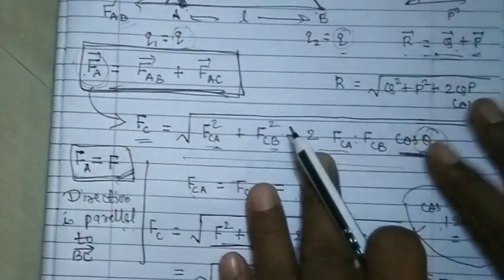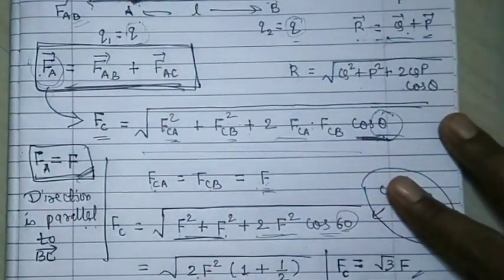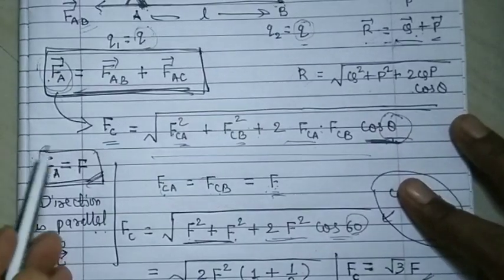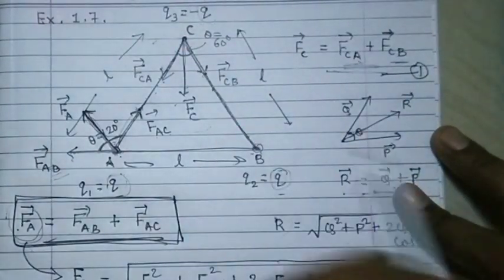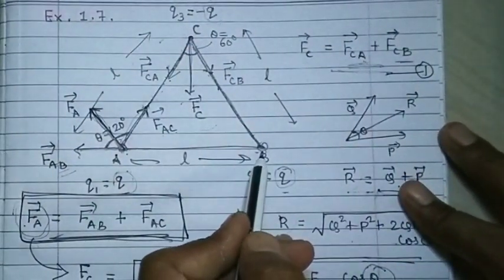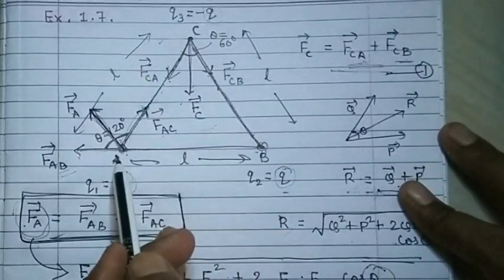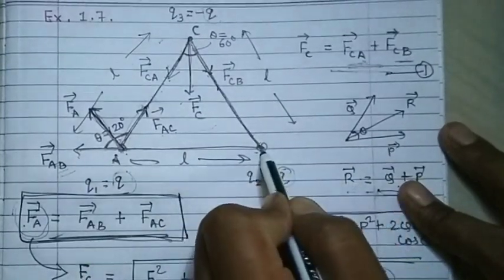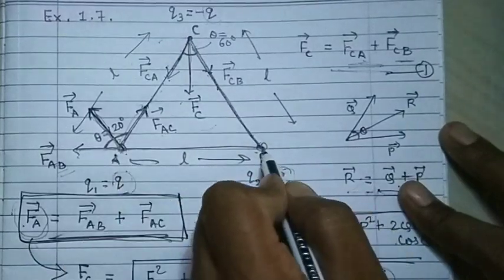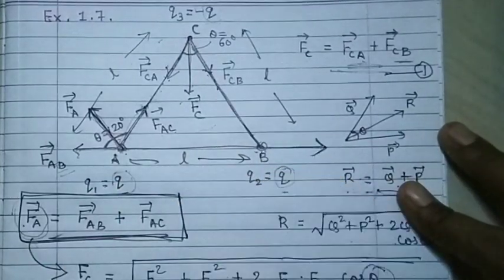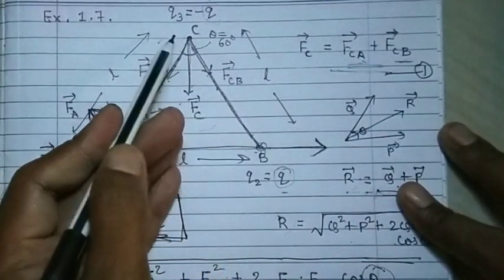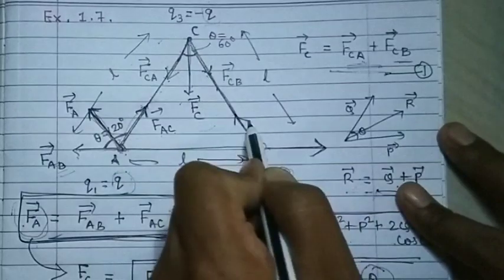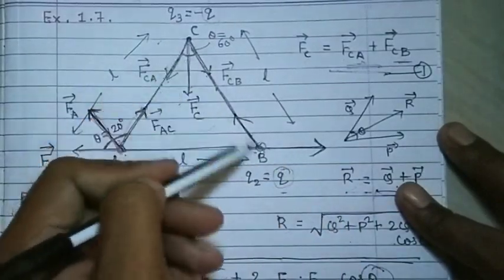So in this way we can find the magnitude of force on A, and finally we can find the force on B. The force on B, again the method is similar to that of A, because here the force on B is due to A, which is in this direction. The force on this charged particle B due to C will be in this direction, because the force will be attractive here.